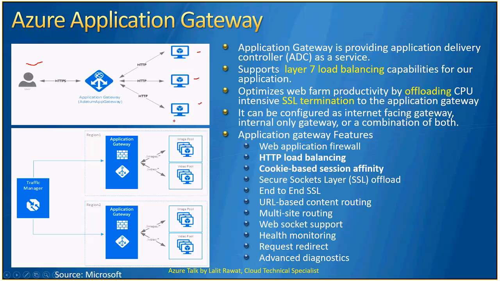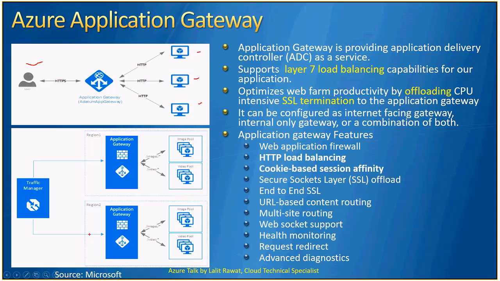In a similar way, if you configure the traffic manager on top of the application gateway, how will it work? The request will be routed to the traffic manager, and the traffic manager has to decide, based on the regions, in which region to route the request, either region 1 or region 2.